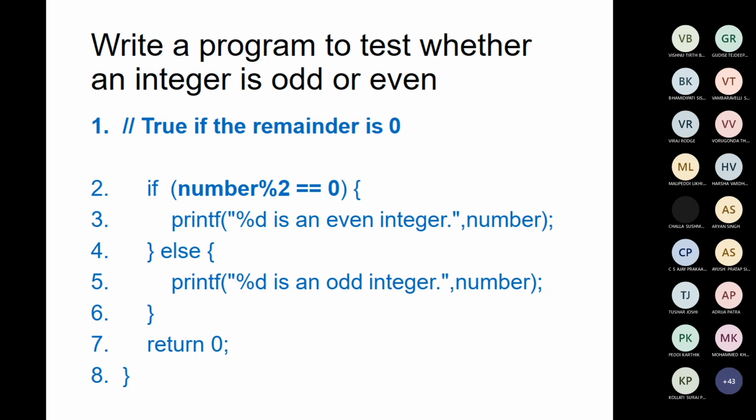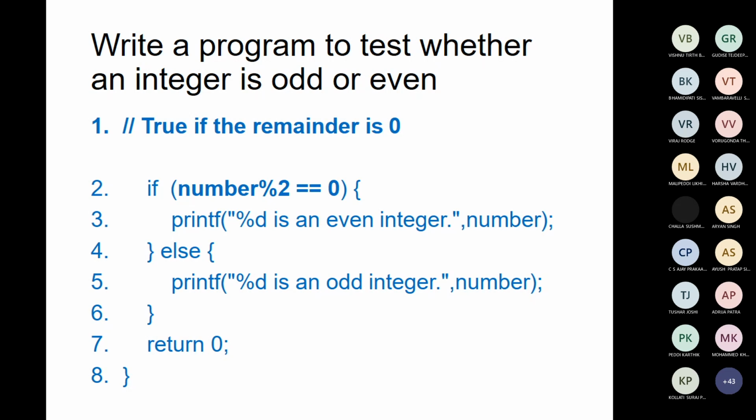So here you can simplify this condition also, as we discussed last time. If we simply omit this equal to 0, where equal to 0 is a relational operator, you can recall, right? The relational operator you can use to make it clear that you want this to be an even number.